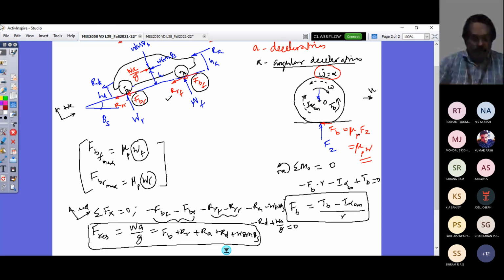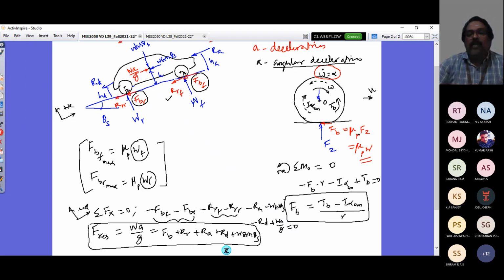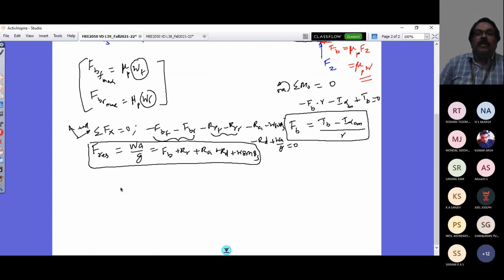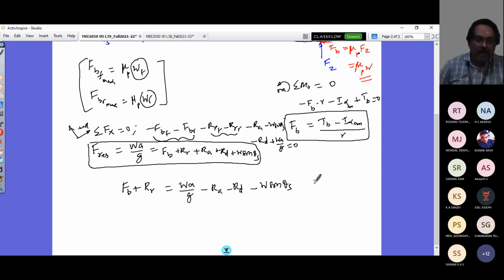This resultant force, I want to write as the force at the tire road interaction, that is the required force for braking your vehicle, that is FB plus rolling resistance RR, and that would be equal to, bringing in the rest, WA by G minus RA minus RD minus W sine theta S. Right, so let's call this equation 1.